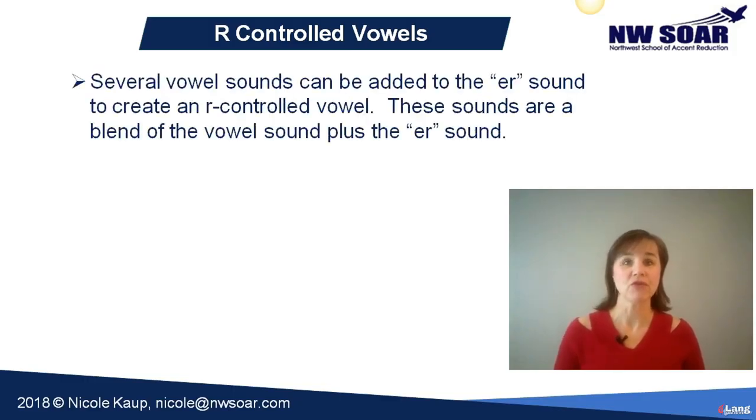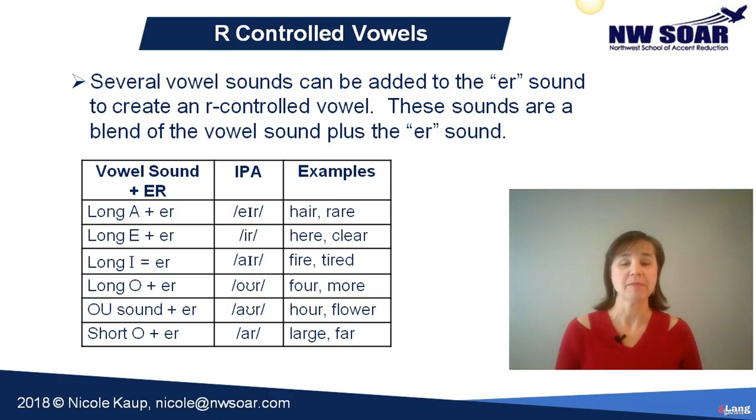So several vowel sounds can be added to the R sound to create what we refer to as an R-controlled or an R-colored vowel. These sounds are a blend of the vowel sound plus the R. For example, we have the long A plus R, as in air.